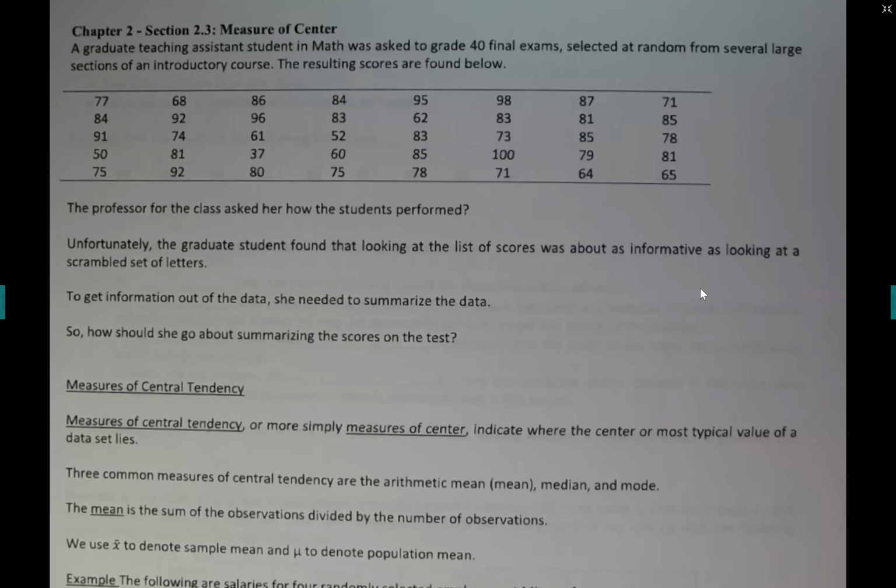So 75,000, 80,000, 77,000, 73,000, 70,000, and 950,000.